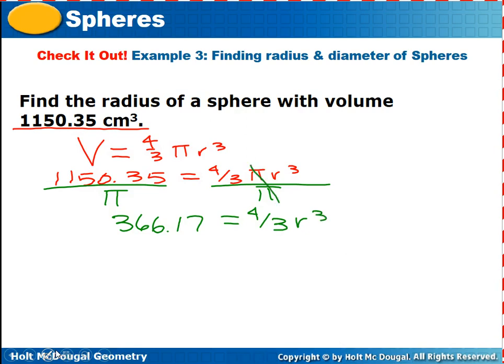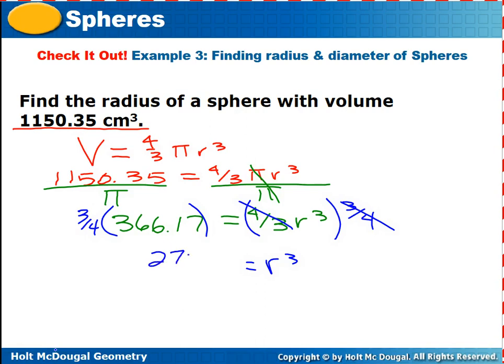So now I need to get rid of the 4/3. So to do that, I'm going to multiply by its reciprocal, which is 3/4, and multiply this by 3/4. So now that's going to be gone from there. I'm going to be left with r to the third over here. And when I multiply 366.17 times 3/4, I get 274.63.